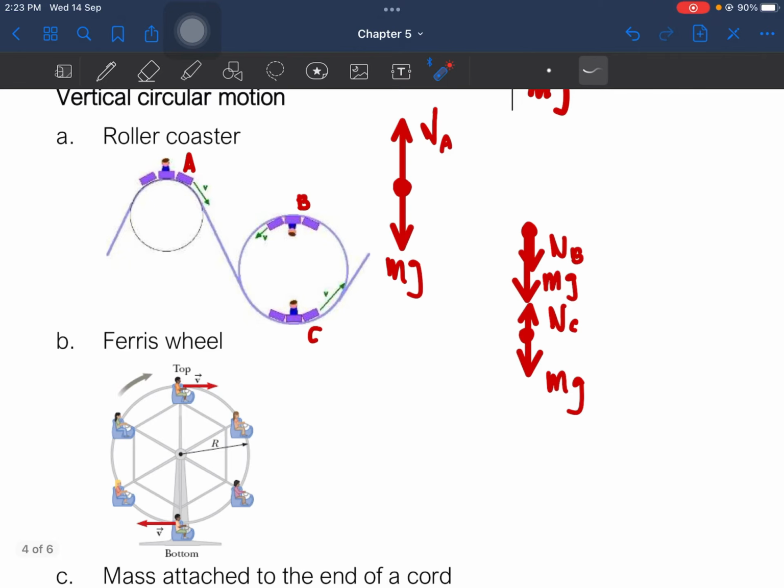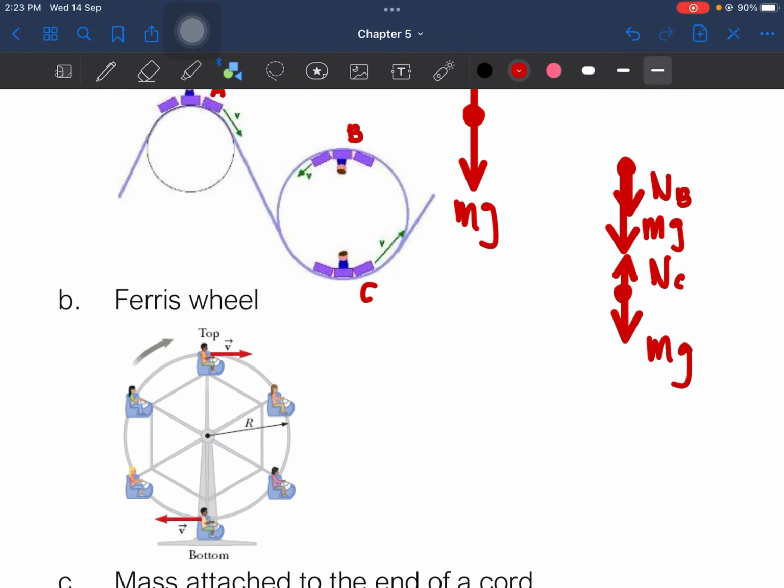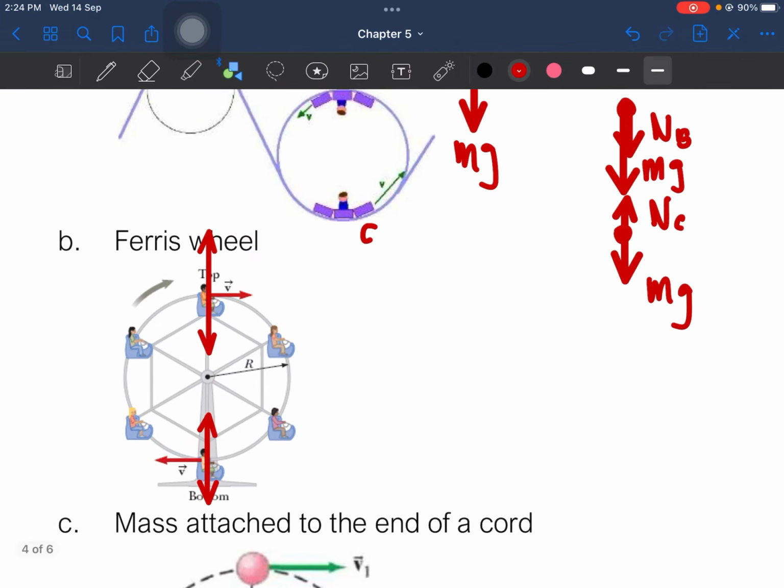Okay, now Ferris wheel. Ferris wheel pula, same concept juga, sama aja pun actually. Tapi both the weight, the normal force sekarang ni semua di atas lah. Okay, so untuk Ferris wheel kamu lukis macam ni jalan macam biasa. Okay, ini pun sama juga. So this is your N pula, sorry.